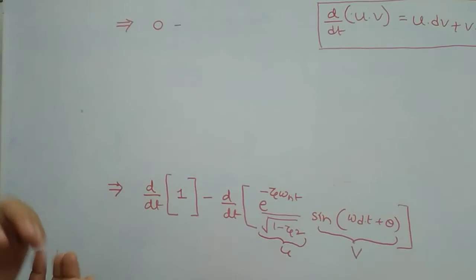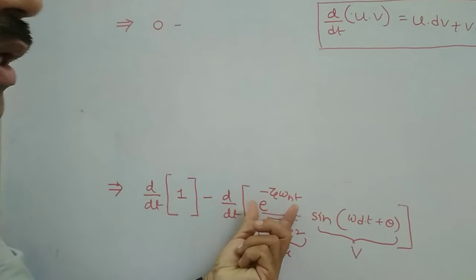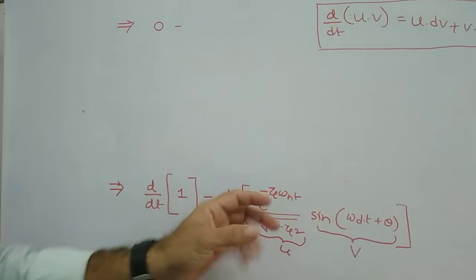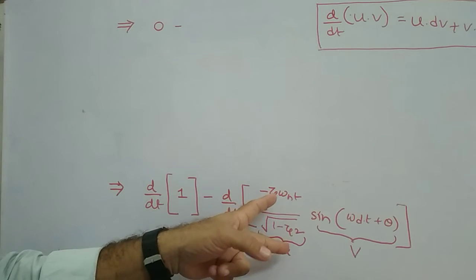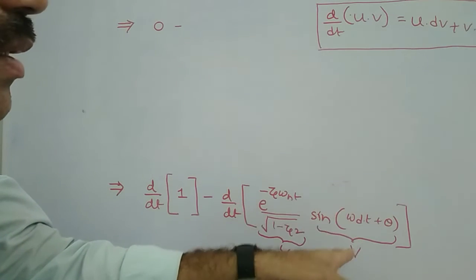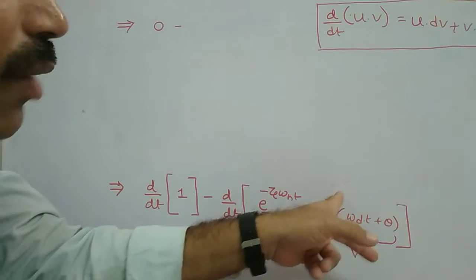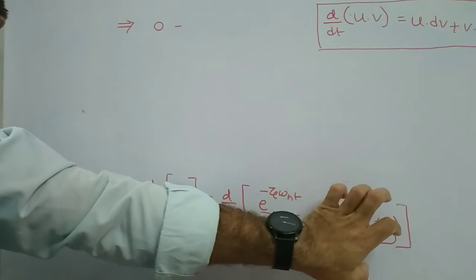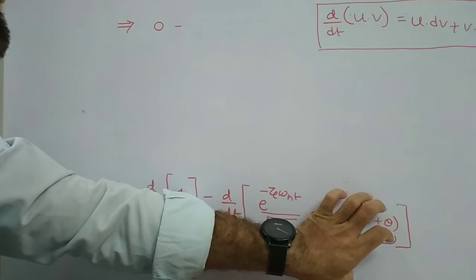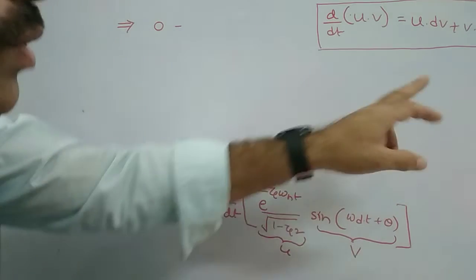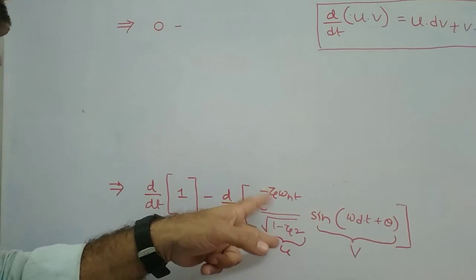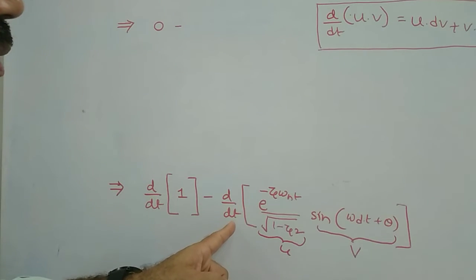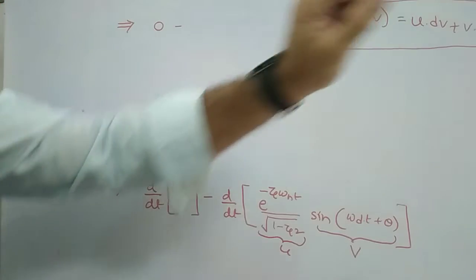Clear? So if you assume this as u and this as v, then u into dv means you keep this term as it is and differentiate the second term, plus v du, where you keep v as it is and differentiate u. That is the meaning: you have to apply this rule here.